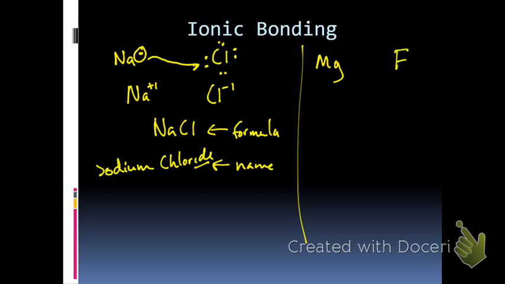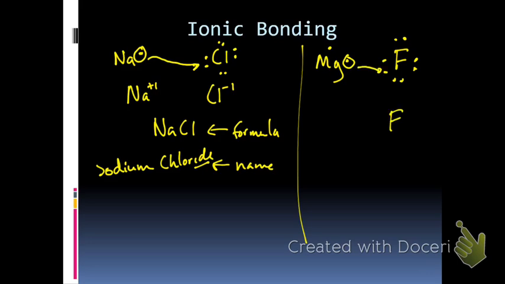Another example, say magnesium and fluorine. Magnesium is an alkaline earth metal with 2 valence electrons. Fluorine has 7. It's a halogen. So magnesium ideally wants to get rid of these 2 electrons, and fluorine wants to get to 8. But fluorine can only take 1 of the electrons.